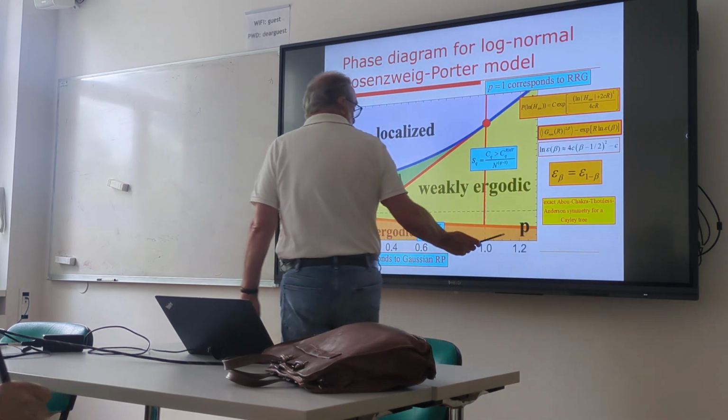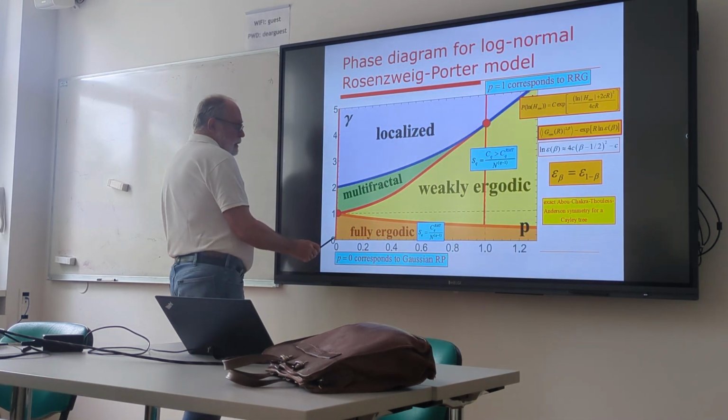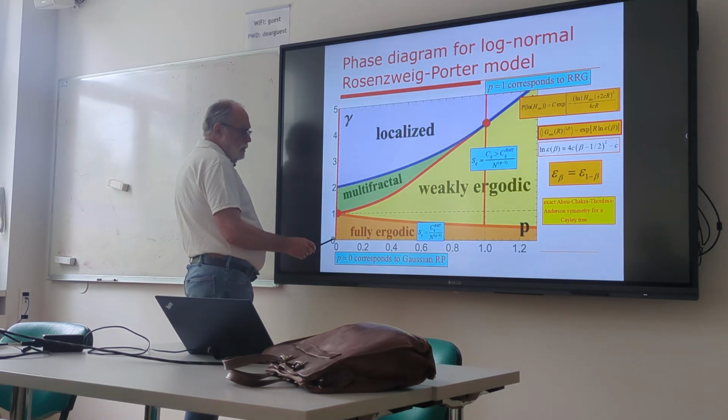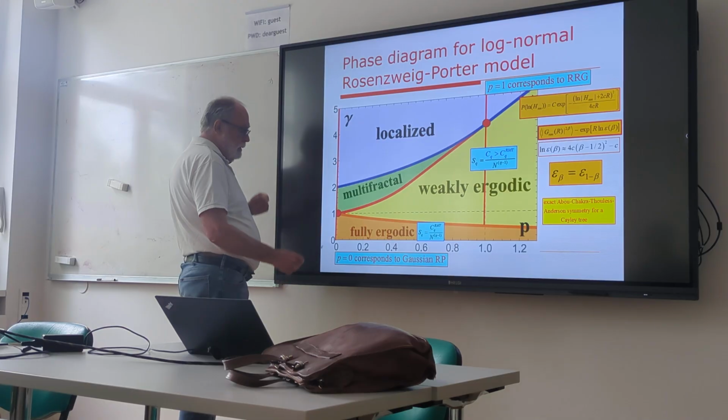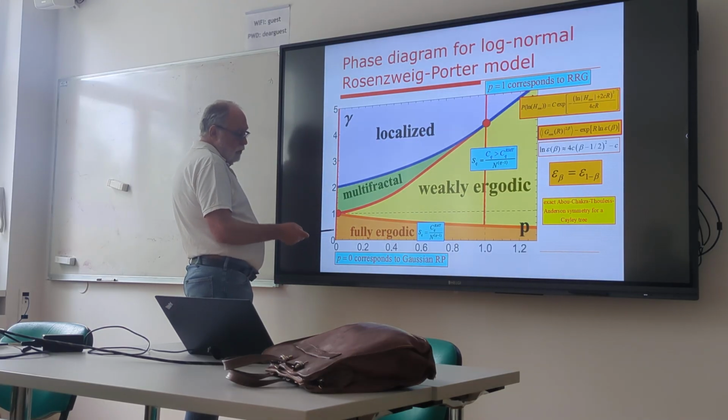And so when T is zero, as I said, the results are similar to the Gaussian case, because there are no tails in this case. And what we know is that there are three phases.